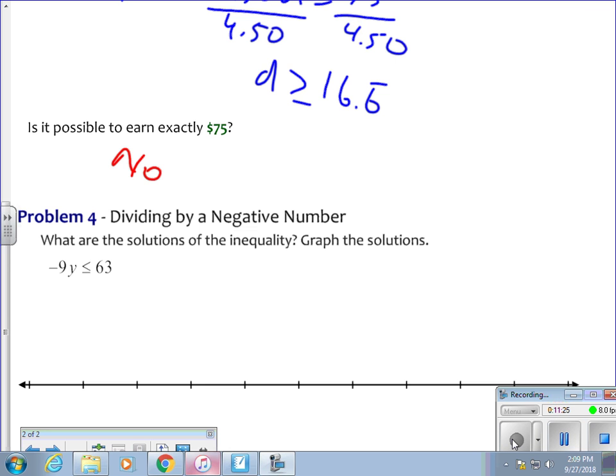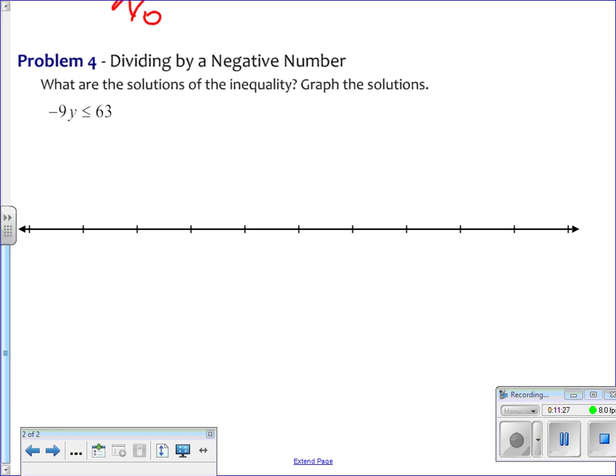Okay, so let's do this one. So I have negative 9y is less than or equal to 63. To solve this, I need to divide both sides by negative 9. And so I get y and negative 7. Do I flip my inequality?